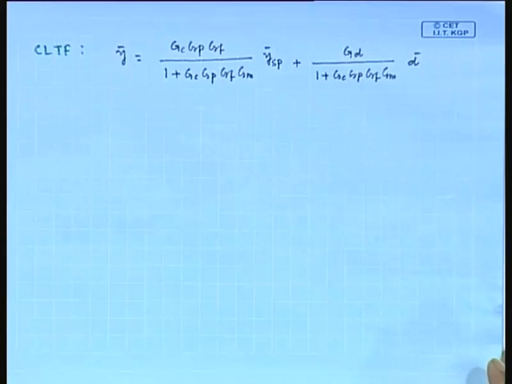This is the general form of the closed loop transfer function.